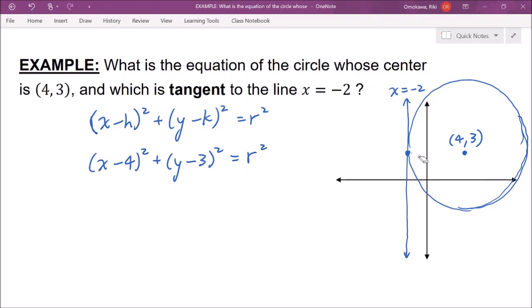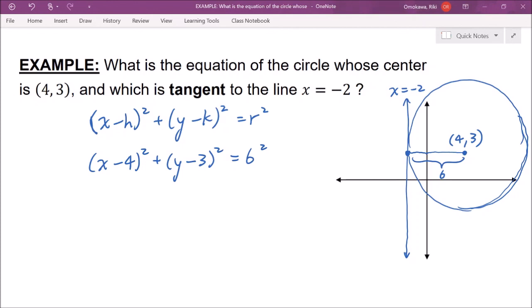If you think about it, we know that distance because from the center, we go right 4, then we go back 4 to get to 0, and then we go 2 more to get to -2. So what's the total distance there? We went 4 and 2, so the total distance is 4 plus 2, which is 6. From our sketch, we figured out the radius is 6, and we're done.